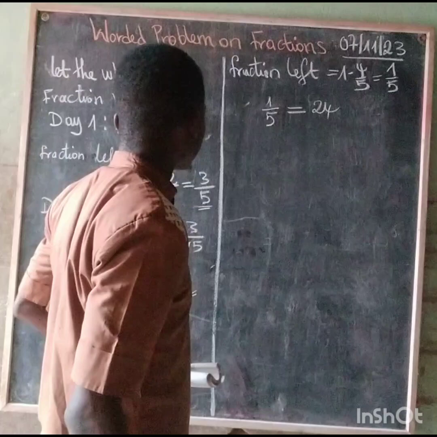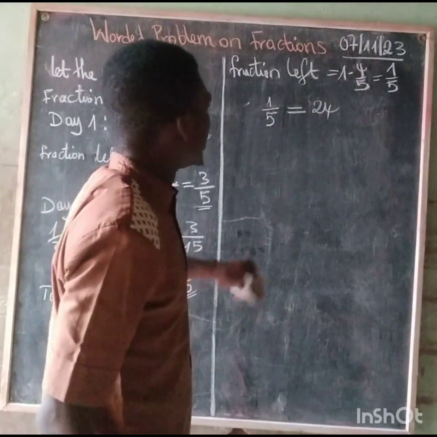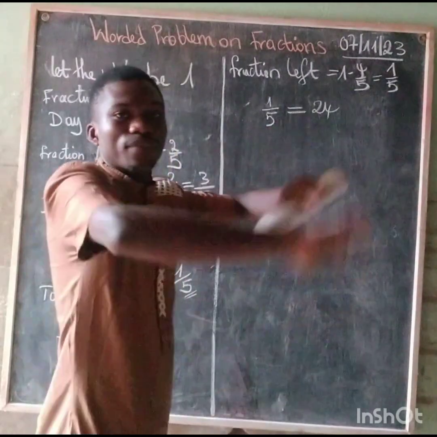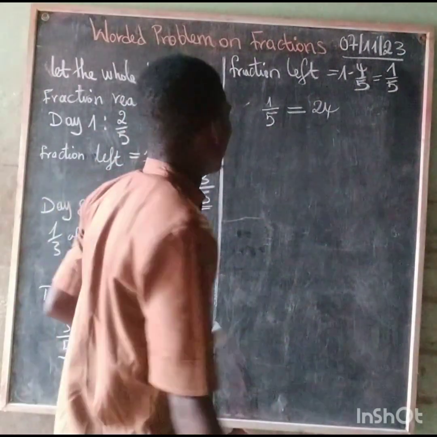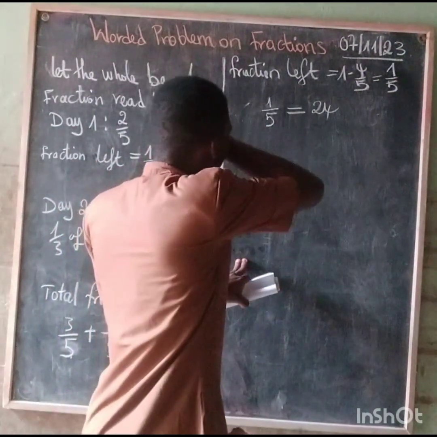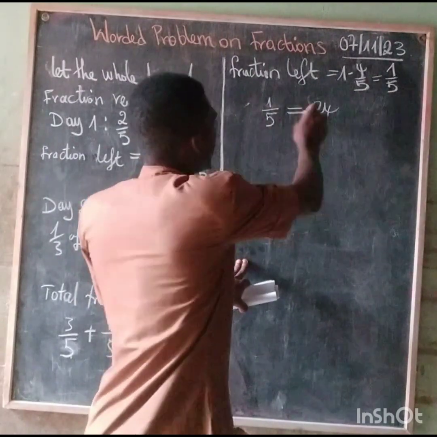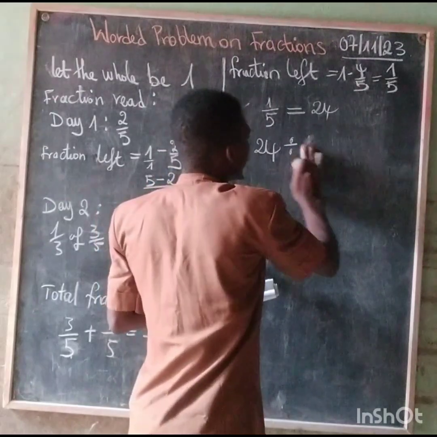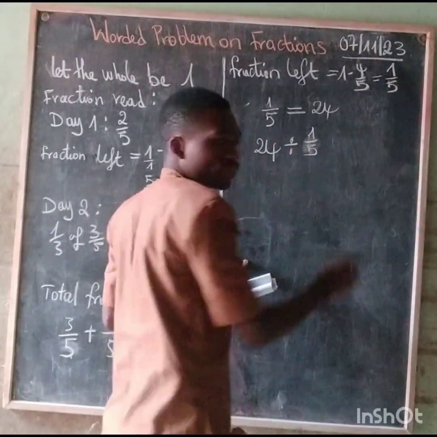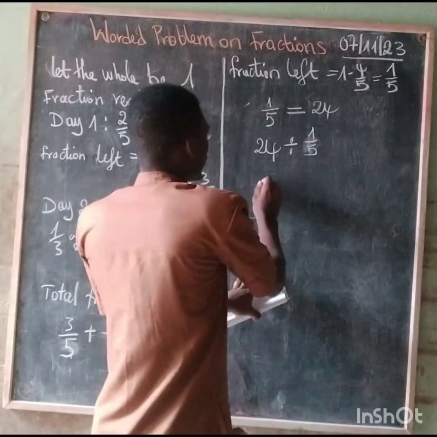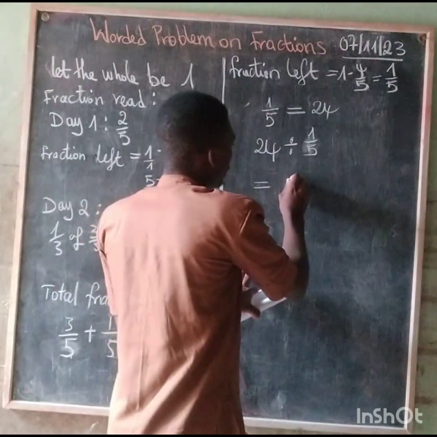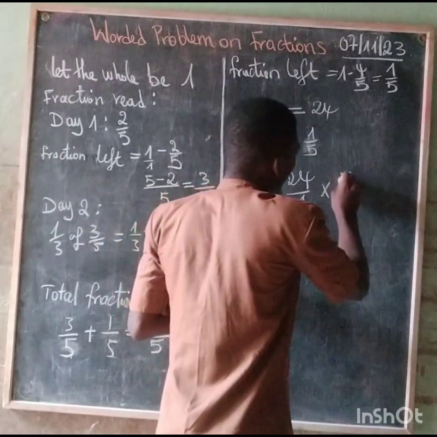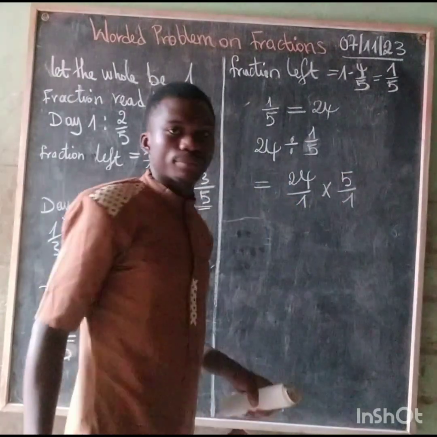Alright. 1/5 of the book is equal to 24. And then, therefore, to be able to have the total number of pages in the book, what we are going to do is 24 divided by 1/5. And this is going to be equal to 24 over 1 times 5 over 1.